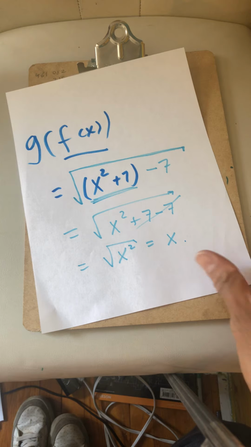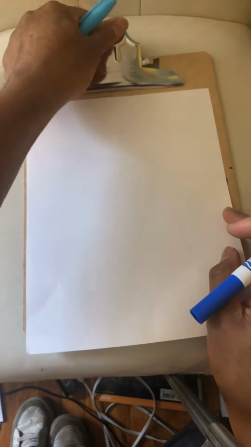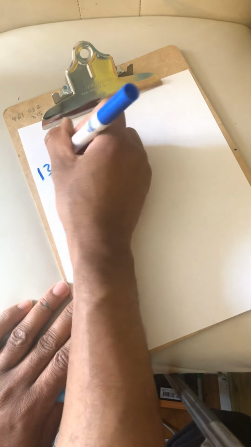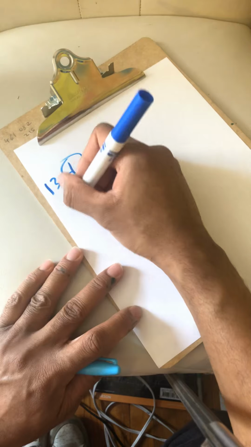Let's look at one with 2 rational functions. Example with 2 rational functions. All right, so we're going to be looking at 13D.